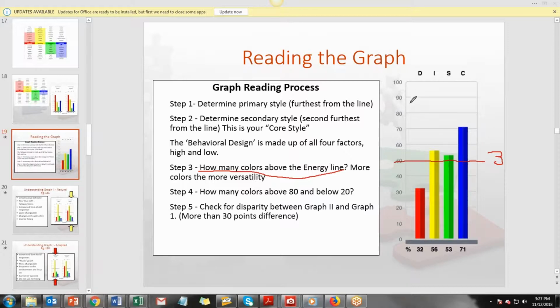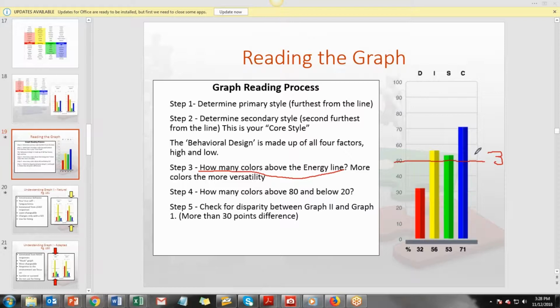Let me break it down for you. A pure behavioral style, where they only have one color on the chart, is maybe 3 or 4%. Hold on a minute, let me finish the population. So one color is 3 or 4%. Then three colors is going to be less frequent. Two colors is going to be more frequent, and for most people in the country, most are going to have two colors or three colors.